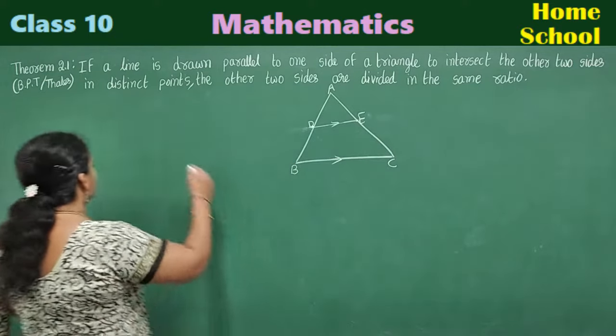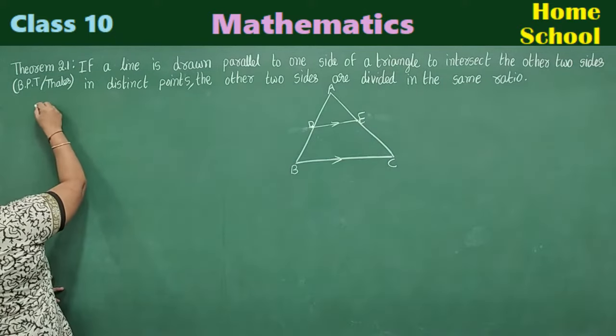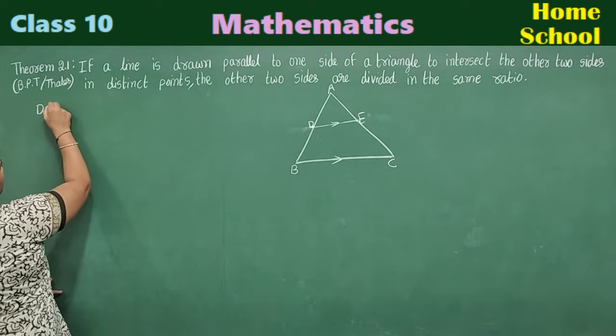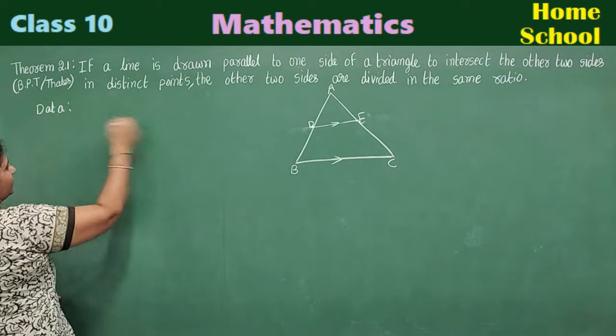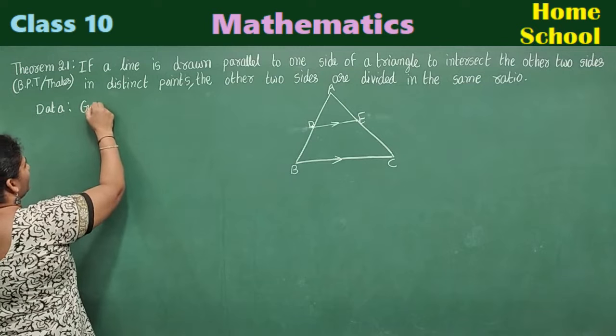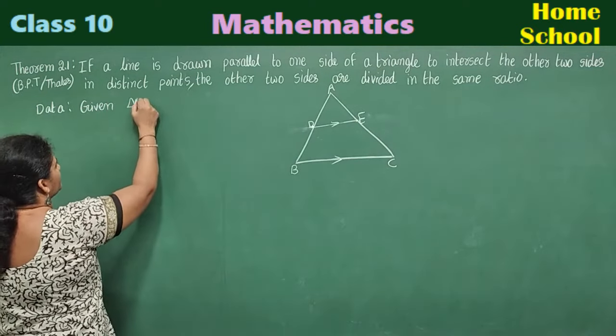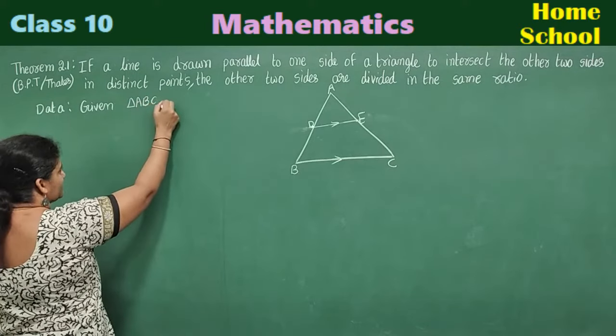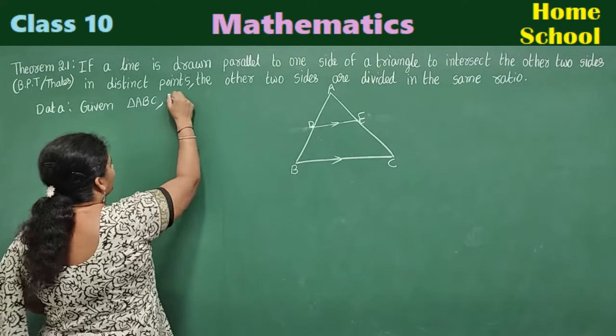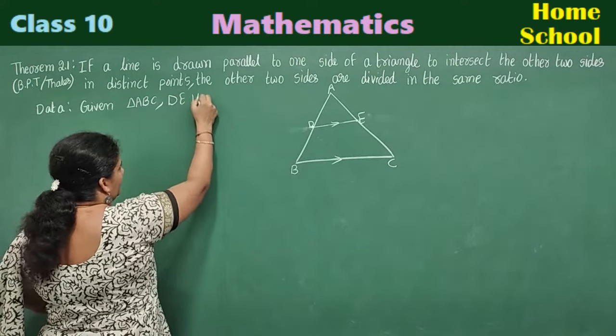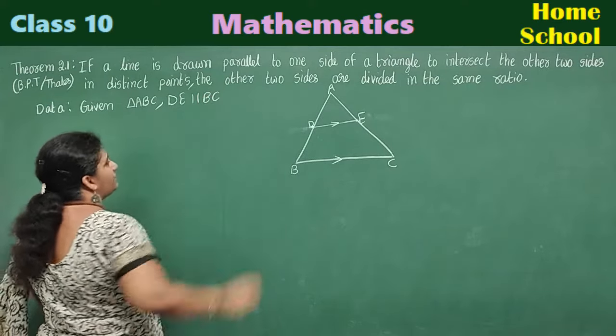Okay, let's start the second step of the theorem. It is data. What is given? Given a triangle, right? We have marked ABC. Given triangle ABC and DE is a line parallel to BC.